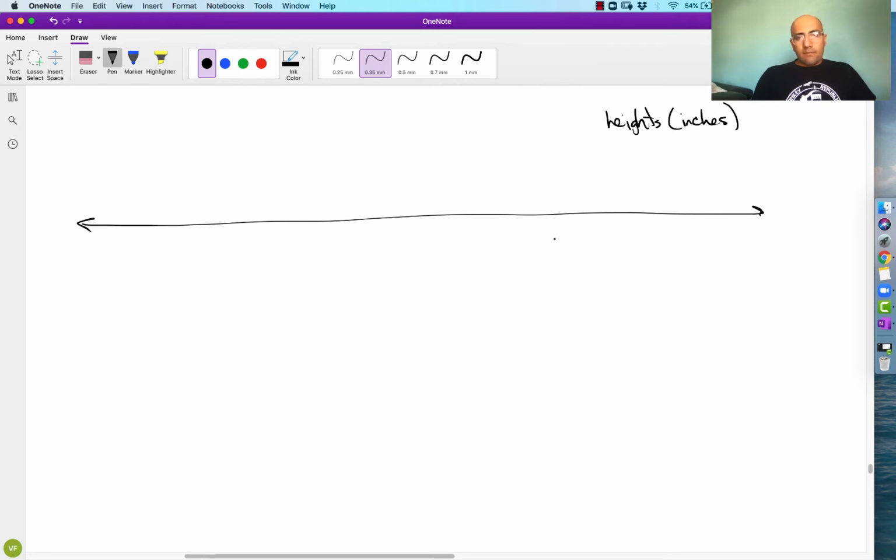I asked the El Camino College students their heights in inches. So there's going to be a lot of scores. So let's say they go all the way down from 40 inches to 50 inches to 60 inches to 70 inches to 80 inches, and so on and so forth. So there's 25,000 students, so they're going to be all over the place. Some values there, some values there, some values there, just all over the place.